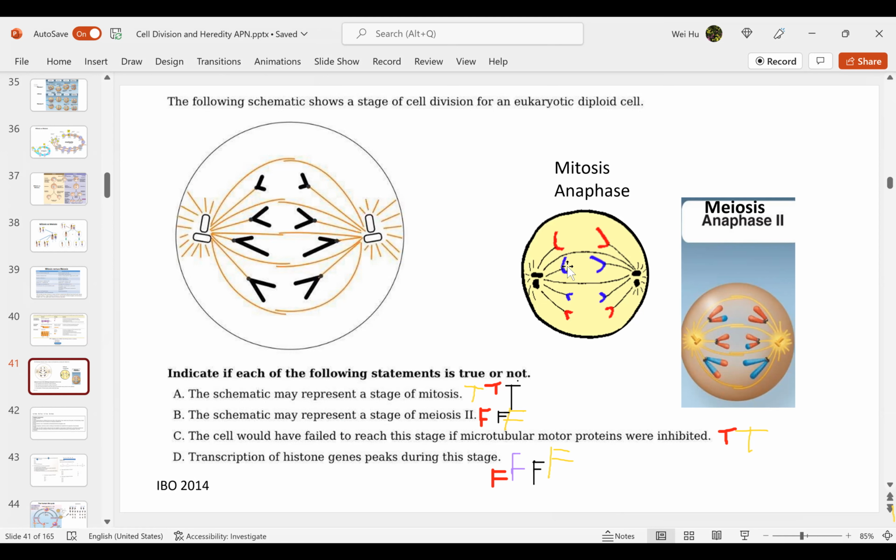So see this one? So this is anaphase mitosis. So you get 4 chromosomes. So those 4 chromosomes are identical, right? From this side. That's number 1.